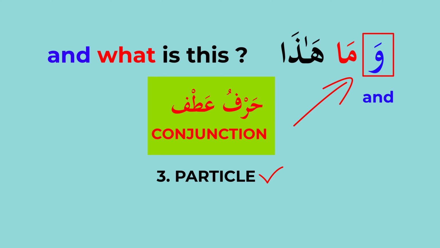So remember, but you do not have to memorize now. I'm only pointing out to you. Later on, I will be repeating it over and over, and inshallah, you will get into your memory. So va means and. In English, we call it conjunction, and in Arabic, we say harfu ataf.